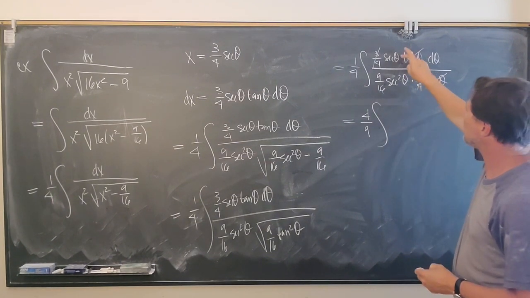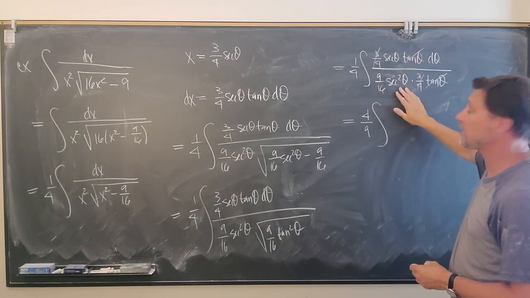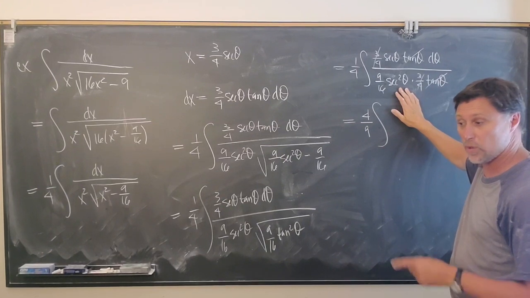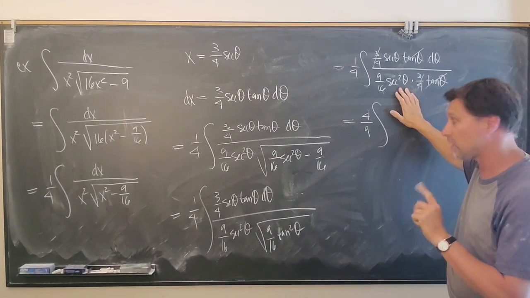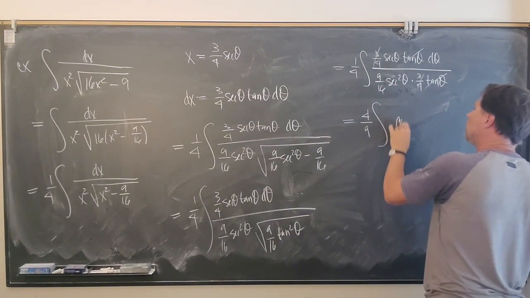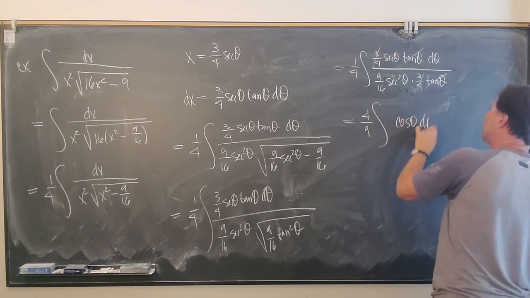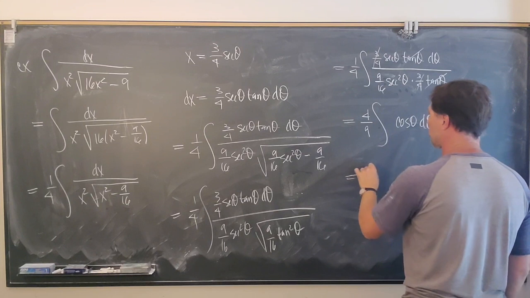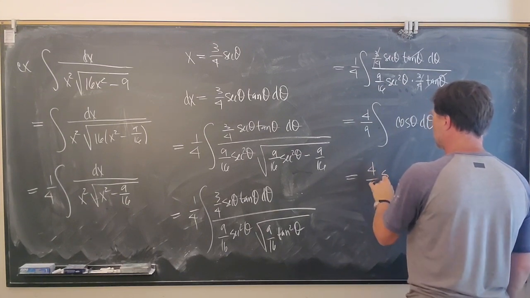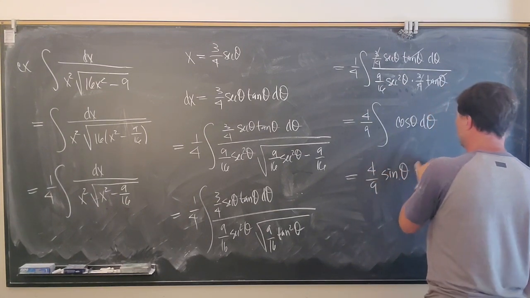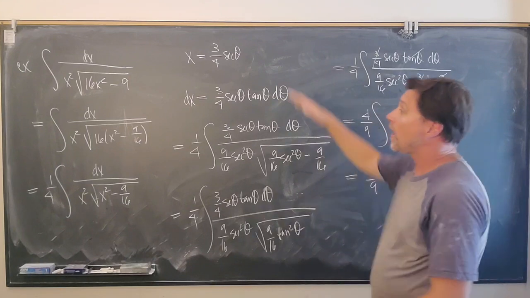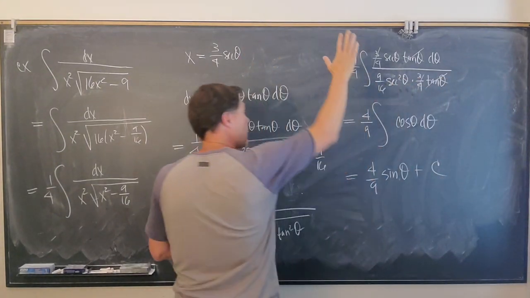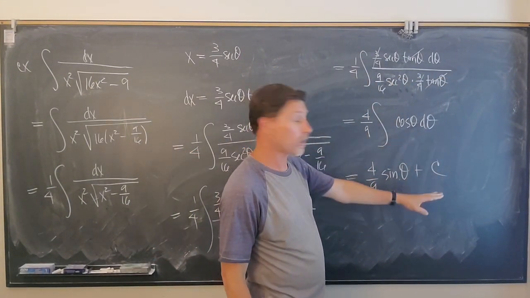And then I have secant theta in the top, secant squared theta in the denominator, which leaves us with a secant theta in the denominator, which becomes cosine theta d theta. So that's the easy integral. Now we get a 4/9 sine theta plus c. So everything looked like a mess, but in the end it fell apart and gave us a very easy integral to compute.